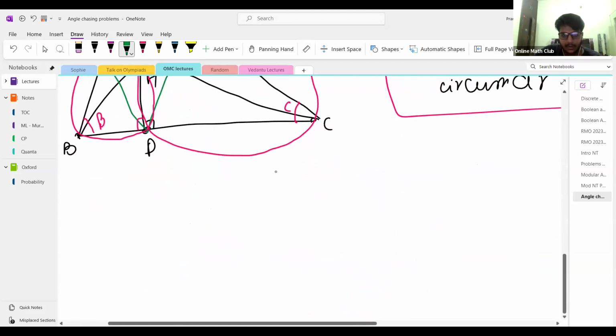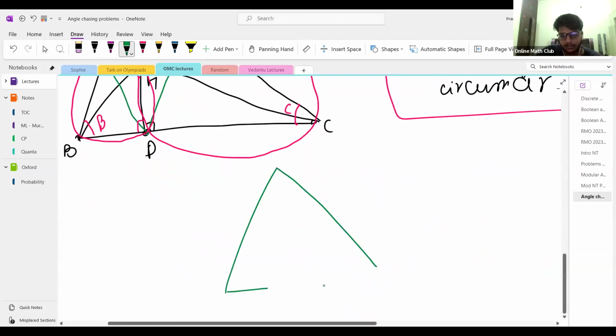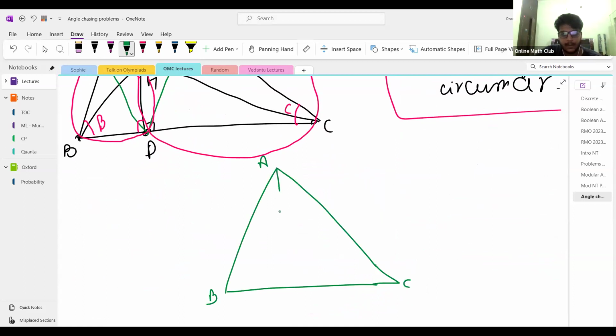Okay, I'll just quickly write down some of the angles for people who don't believe me. Although this does seem very basic right now, but don't worry, we'll get into the problems pretty quickly. Depends on how interactive you are.